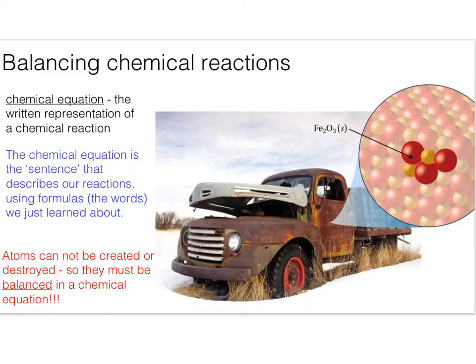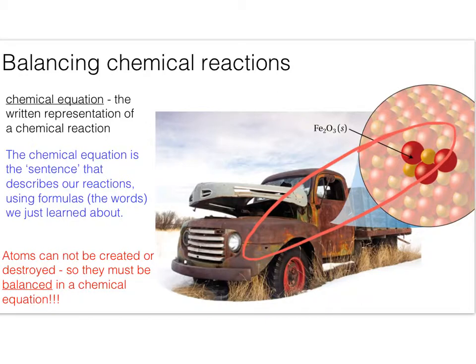And so we might say something like, iron, Fe solid, undergoes a reaction with oxygen gas, O2(g), to produce rust, Fe2O3 solid.